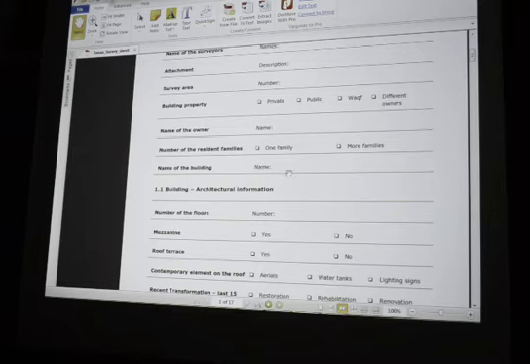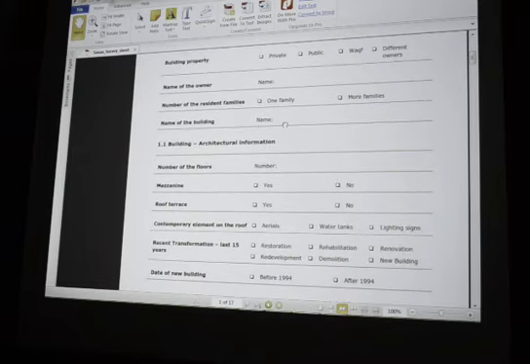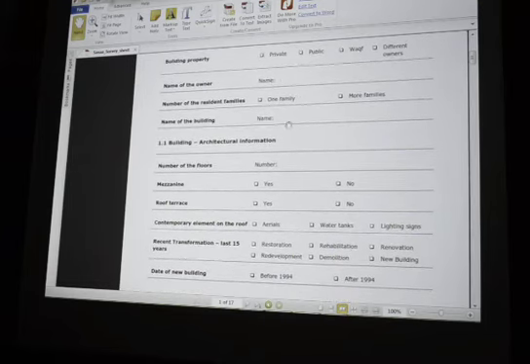Then the name of a building, because in some cases, well, it can happen everywhere, you know, you have a building with a special name, Palace something, you know, and that is an information that sometimes can be useful.